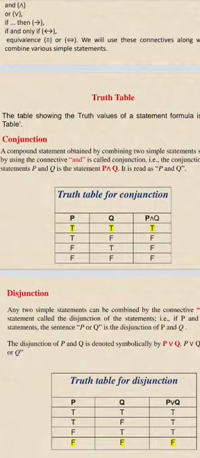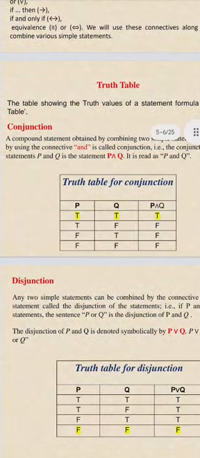Truth table for conjunction. P and Q are two statements, so four possibilities are given there. First, P is true, Q is true. Second, P is true, Q is false. Third, P is false, Q is true. Fourth, P is false, Q is false.